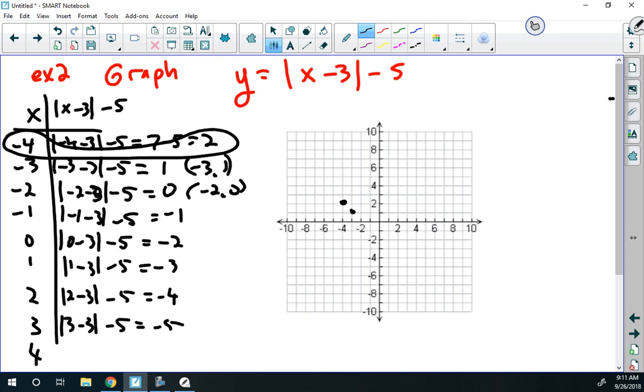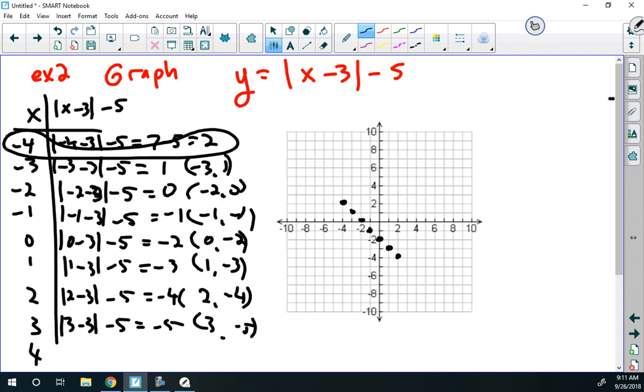Negative 2, 0. Negative 1, negative 1. 0, negative 2. 1, negative 3. 2, negative 4. 3, negative 5.